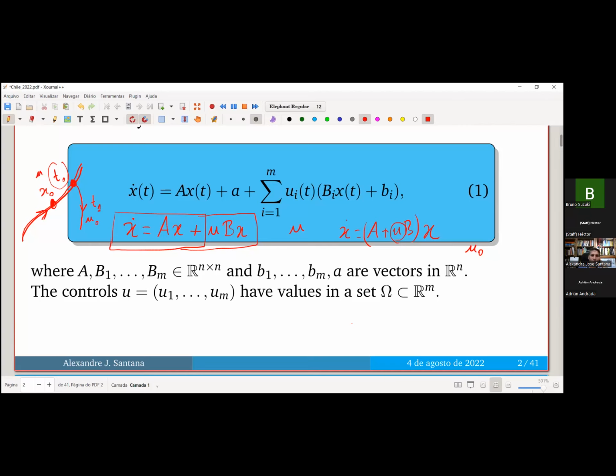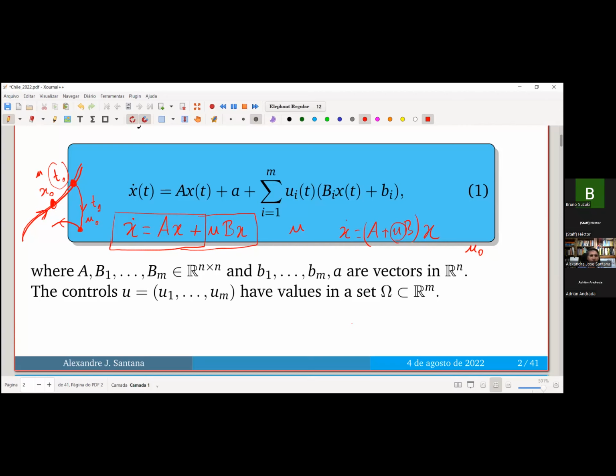And so with this time t1, we reach this point here. And from this point, we can choose another time and another control function u, and we can change the trajectory to another direction. And then with this, we can try to control this state space.